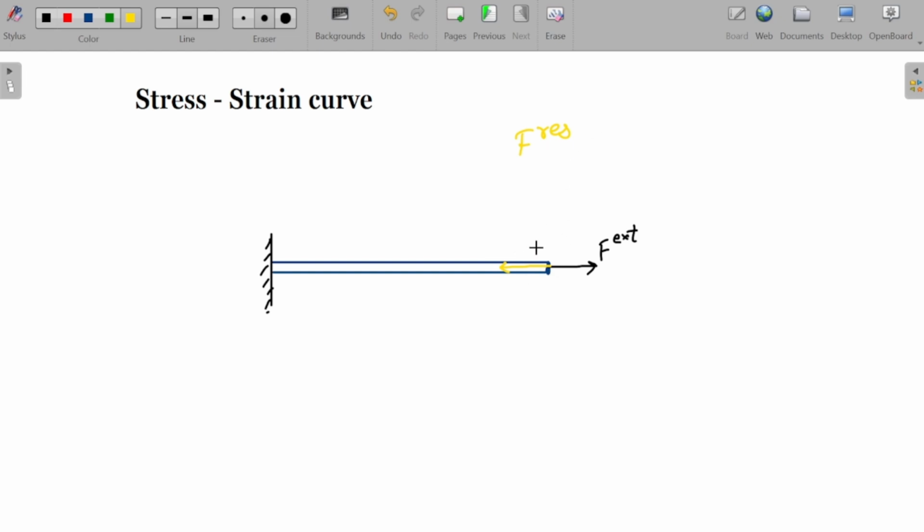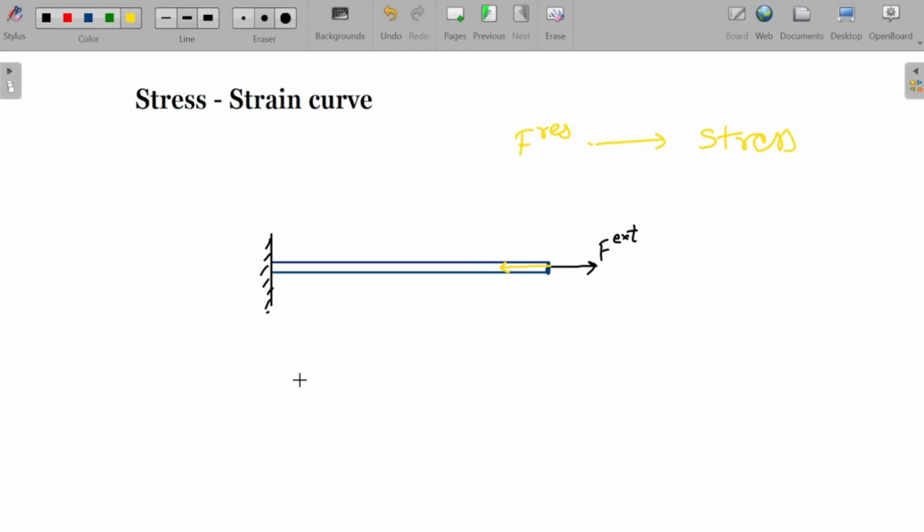We have already discussed longitudinal stress. In that case there will be corresponding strain, meaning a fractional change in length. So there will be a relation between the stress produced and this strain, and that relation we are going to plot. Let's see how this wire is going to behave. When we start applying this force, with increasing force, or increasing restoring force, there will be increasing stress and a strain in this wire.